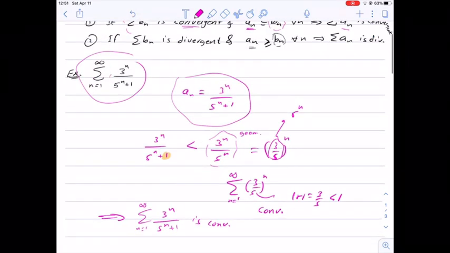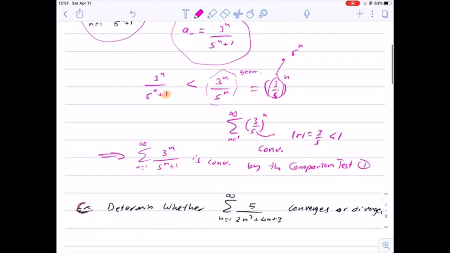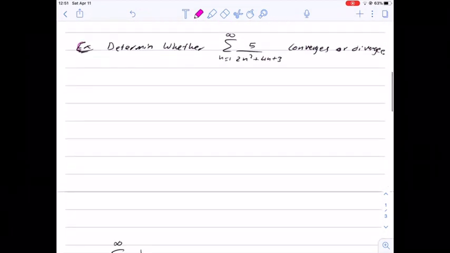Let's take another example. We can write here: by the comparison test, part 1. Another example, we have the series 5 over 2n squared plus 4n plus 3.